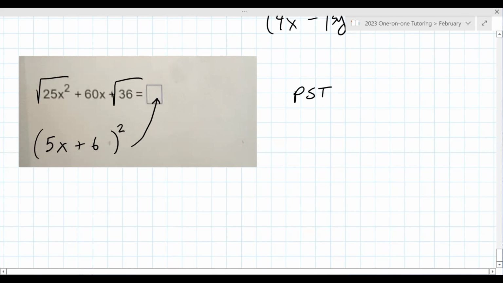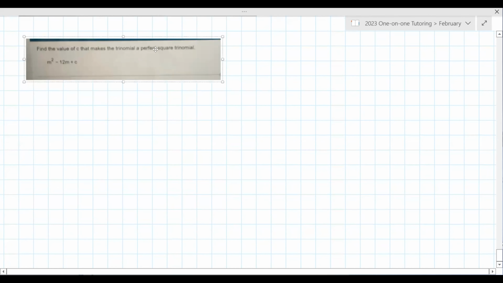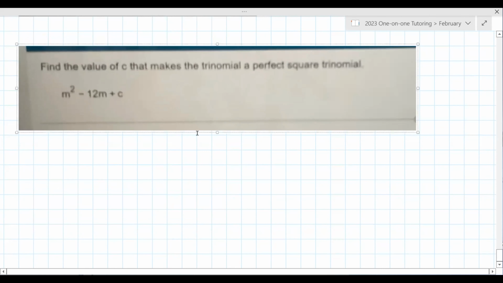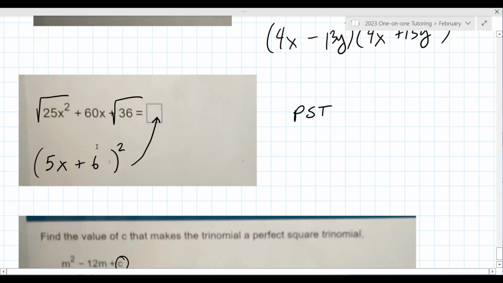And then again, really quickly here, we're running out of time. Give more explanation next time if you want. But this is a related problem because with the perfect square trinomial, you're trying to figure out the number that goes here. The last number is related to the middle number in a certain way.